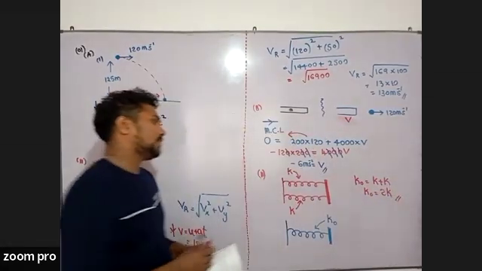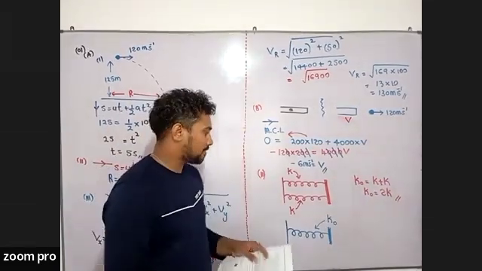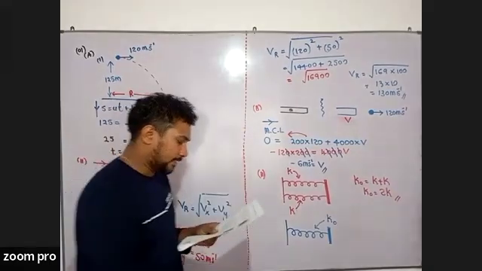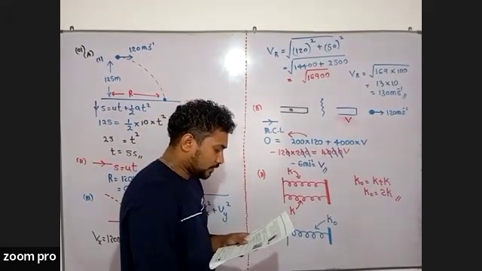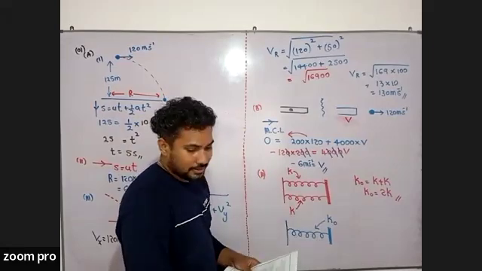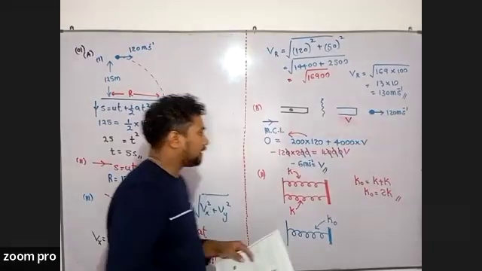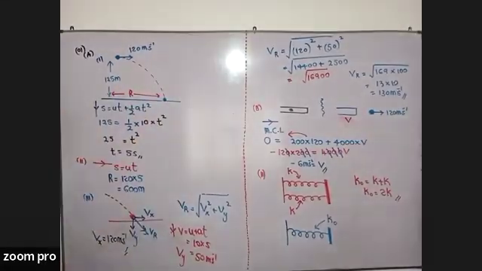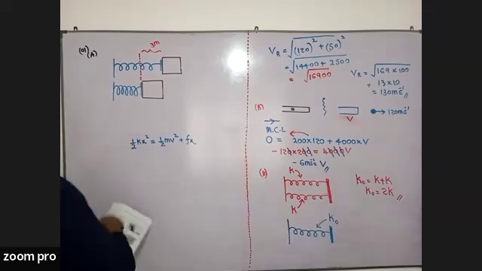Right? So this is the way that we obtain the equivalent constant. Now this spring is compressed up to 3 meters, right? So we can represent it.